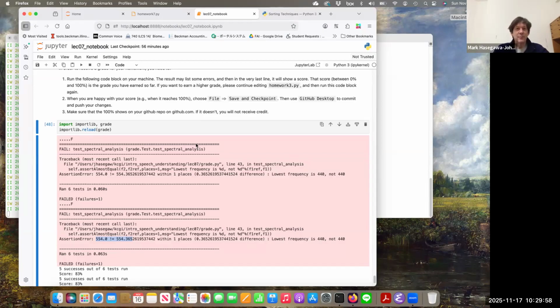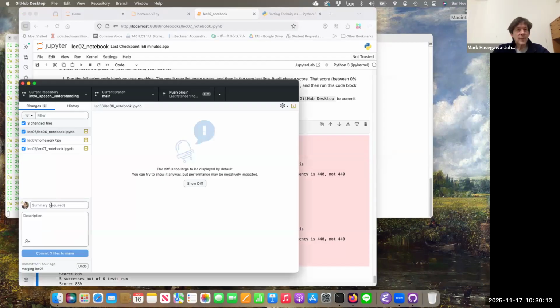Let me go ahead and run GitHub Desktop in order to check in my code. I've completed homework 7, so let's type homework 7, commit three files and push to origin.